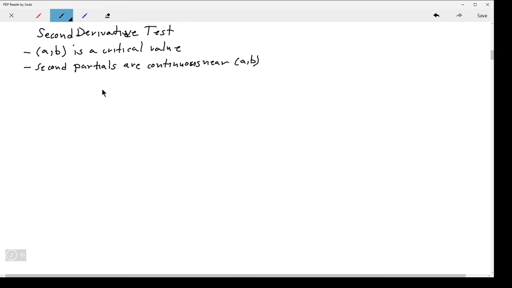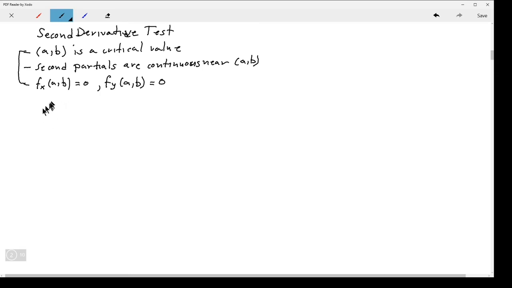And we need the first partials to be 0. That's kind of implied up here, but I'll write it anyway. fx(a, b) is 0, fy(a, b) is 0. These two basically say exactly the same thing, just so you know, making (a, b) a critical value.